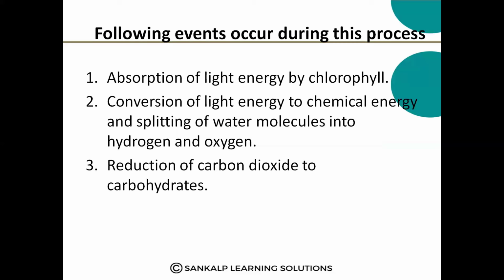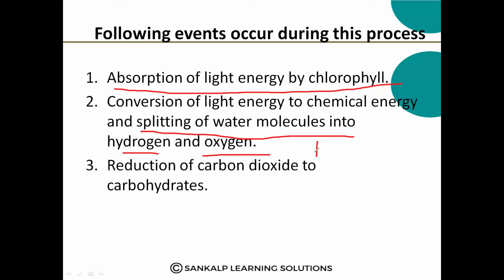Then in photosynthesis, there are mainly 3 steps. So it's very important. The first step is absorption of the light energy by chlorophyll. The chlorophyll present in the leaf absorbs the light energy. In the second step, the light energy is converted into chemical energy, and water molecules are split into hydrogen and oxygen.